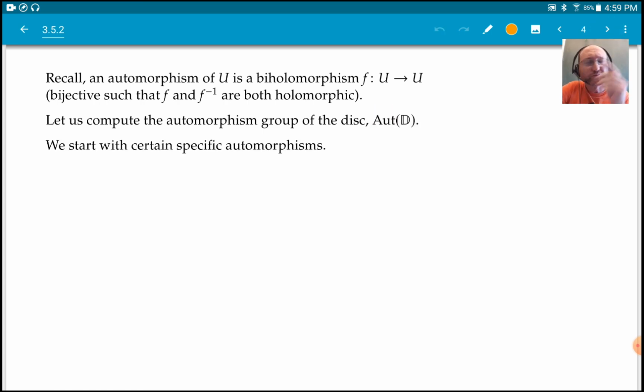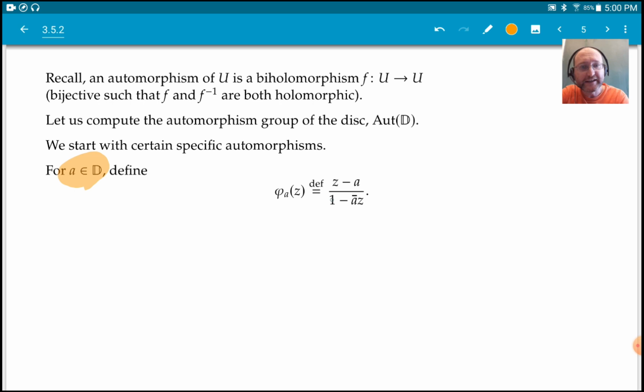All right. So let's start with very specific automorphisms. Given any A in the disk, so any complex number in the disk, let's define these linear fractional transformations that actually do take the disk to the disk, as we'll see. Also, you'll see it's an exercise.